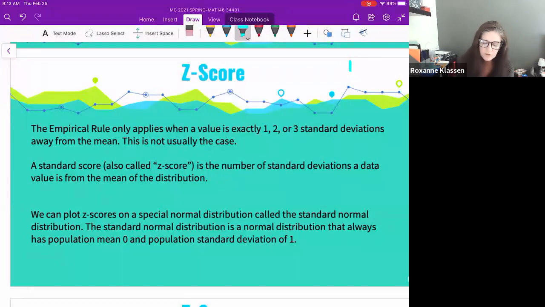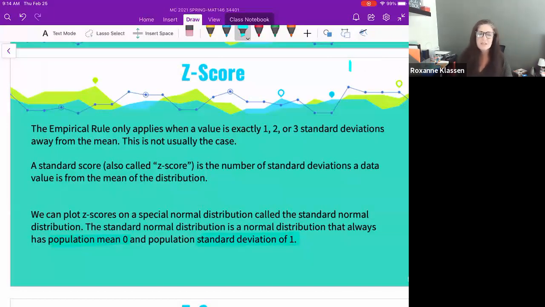The standard normal distribution is a normal distribution that has a population mean 0 and a standard deviation of 1. Yes? So what it's doing is it's taking all the different values that you have when your mean is, what did we just have, 4.1, and your standard deviation is 1.3, and it's adjusting them to make a standard. Okay, so then we can compare things easily.